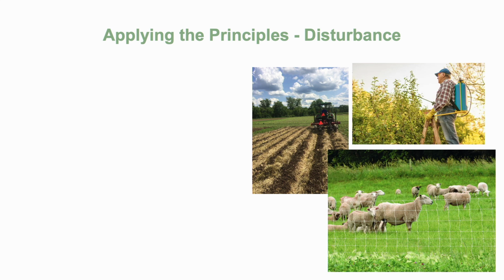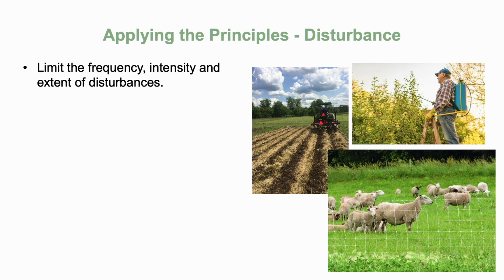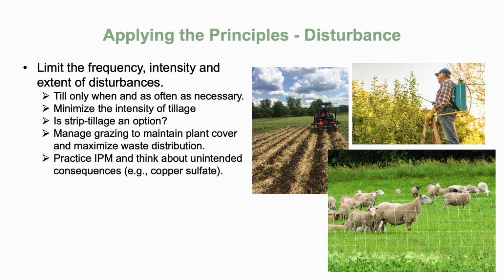So applying the principles, let's talk about disturbance. Limit the frequency and intensity of soil disturbance. That's pretty clear, right? So how do we do that? So, tillage seems to be, it's a necessary evil in organic systems, I guess. Organic annual systems, anyway. So we need to ask some questions. Can I minimize the intensity, extent, time of tillage?